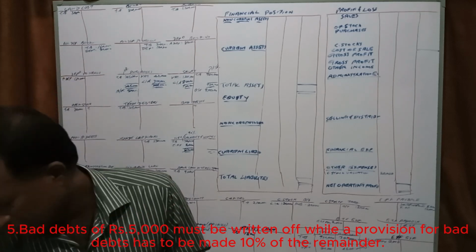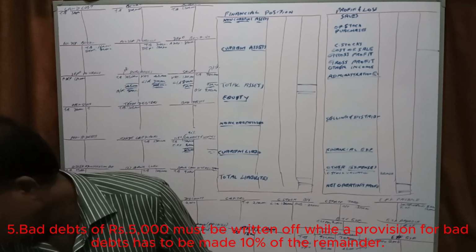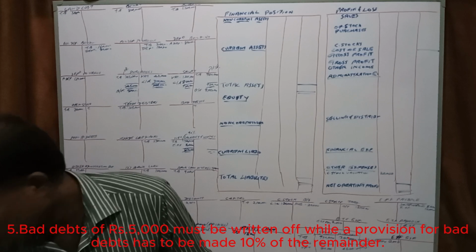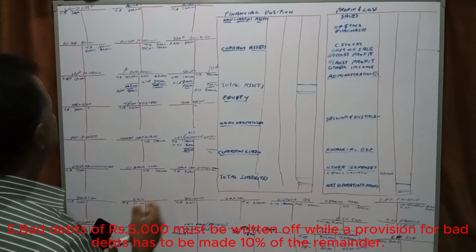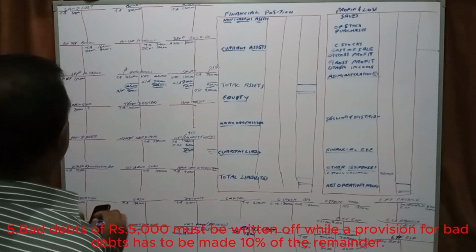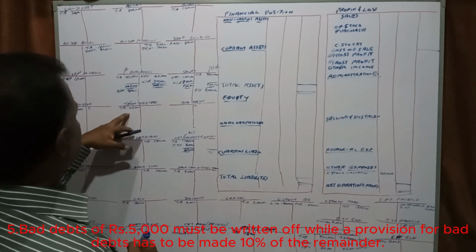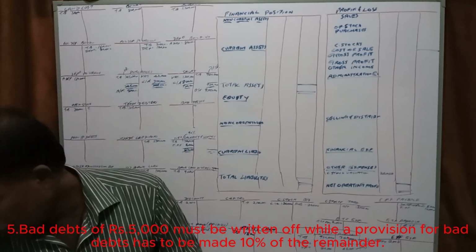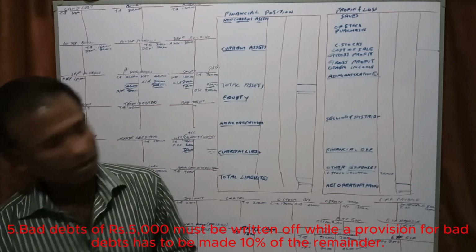So bad debts of 5,000 must be written off, while a provision for bad debts has to be made for 10% on the remainder. Where is the bad debts balance? Trade debtors is 105,000. Out of 105,000, bad debts should be 5,000.